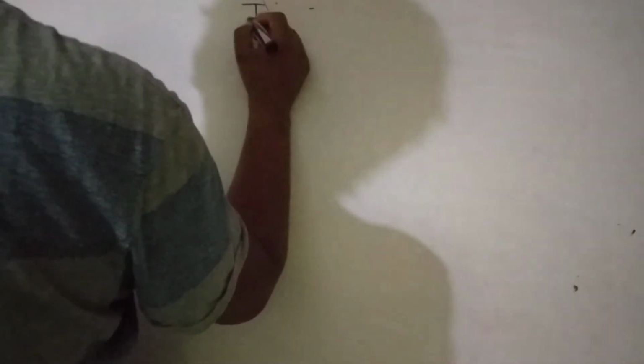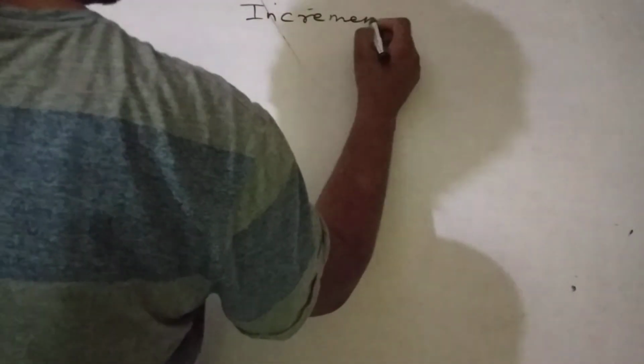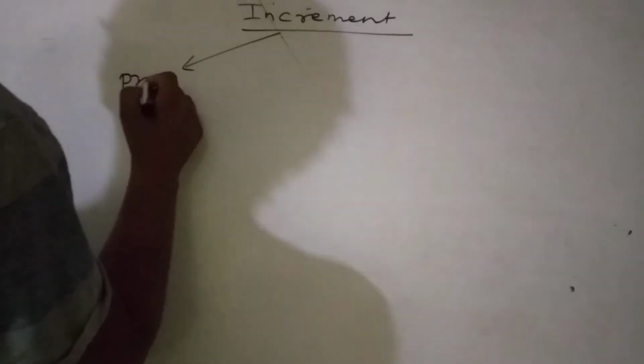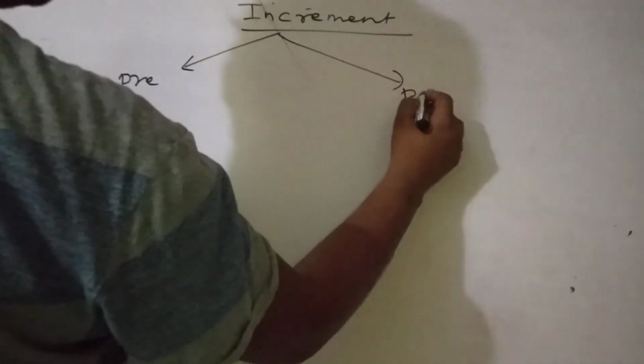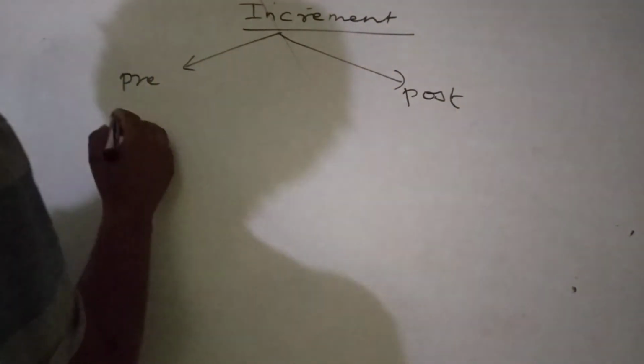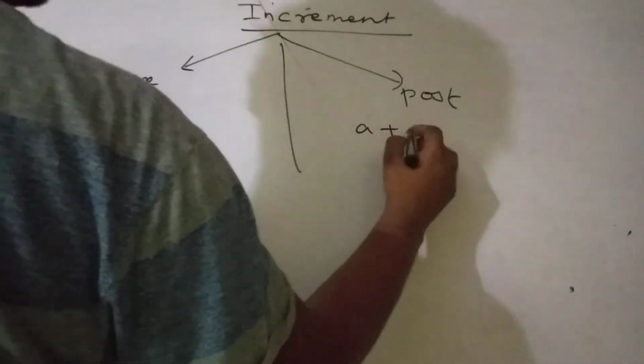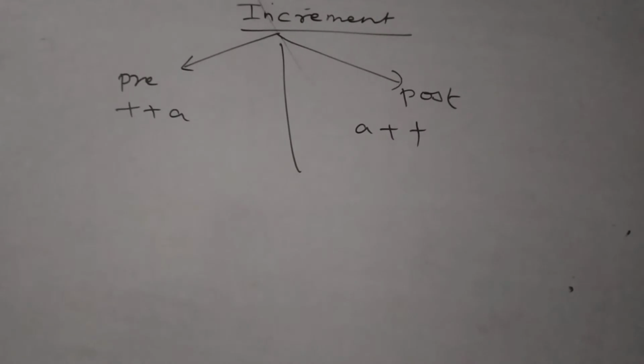I think you have done this in class 9 also, even though we will repeat it once to revise it: the increment operator, that is pre and post. So pre means plus plus a and post means a plus plus, isn't it?